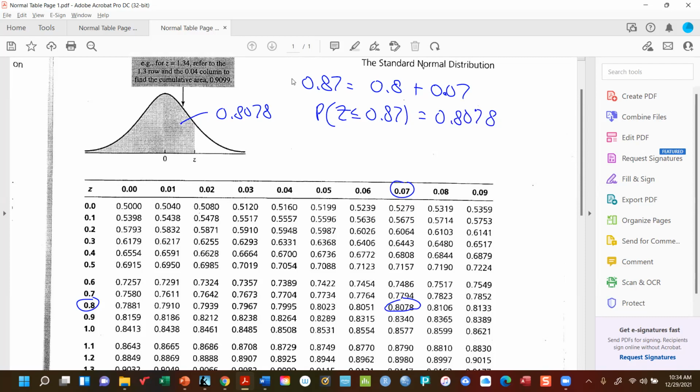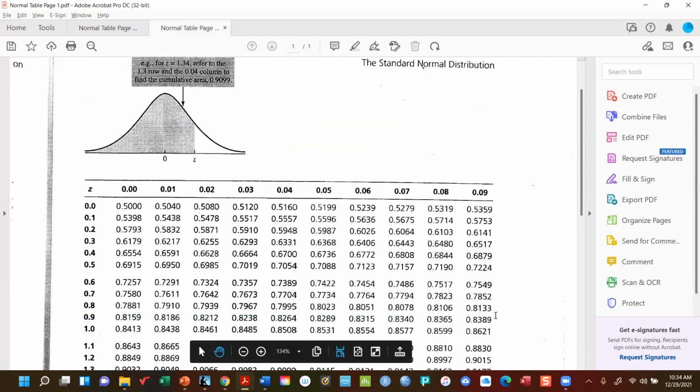Okay, well, how about this one? 1.03. What do we do with that one? Well, 1.03 is the same thing as 1.0 plus 0.03. So first, let me erase these guys.